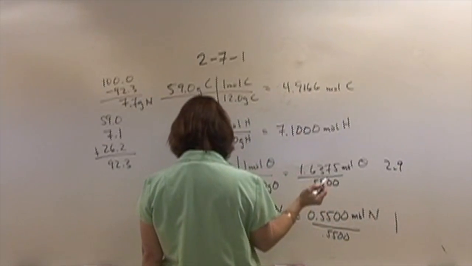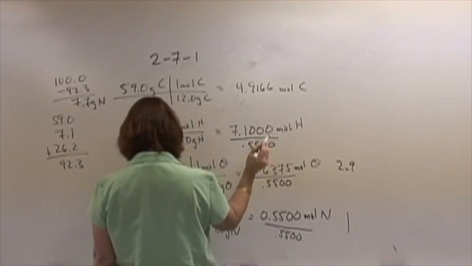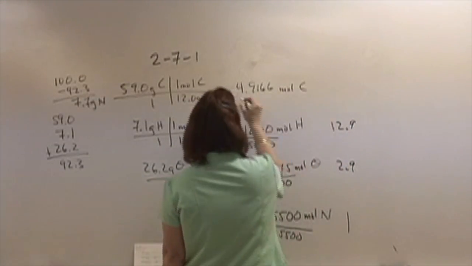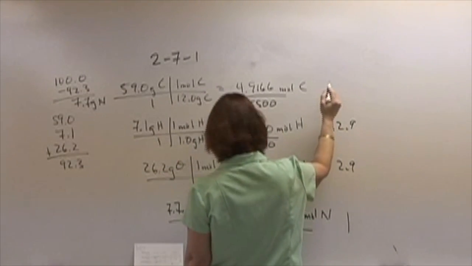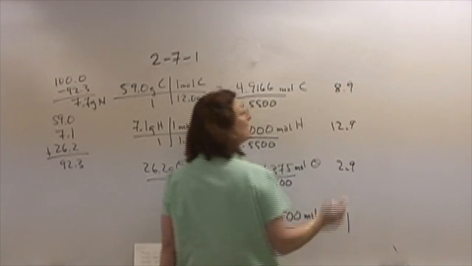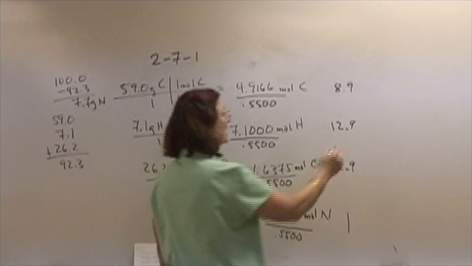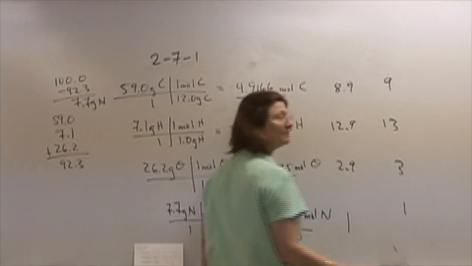And my hydrogen, I have 12.9. And my carbon, I have 8.9. Now we are within a tenth, and so we can round. And I have 9, 13, 3, and 1.